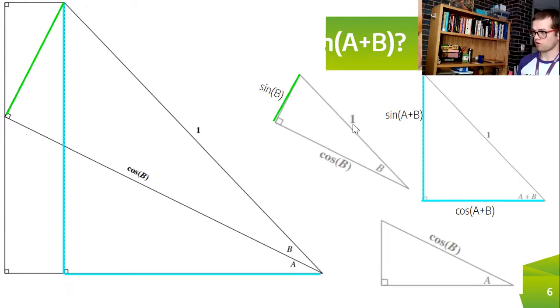Because this is 1, that's angle b. So if I did sine of b, I would get this side over 1. So solving for it, I get sine of b equals this side. It all follows from everything we've talked about so far. We should label it over there as well.